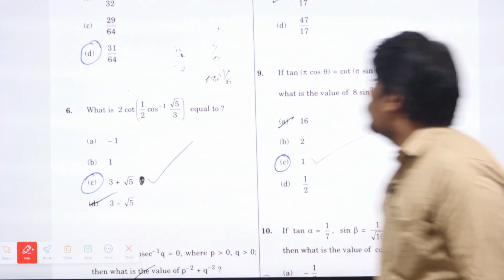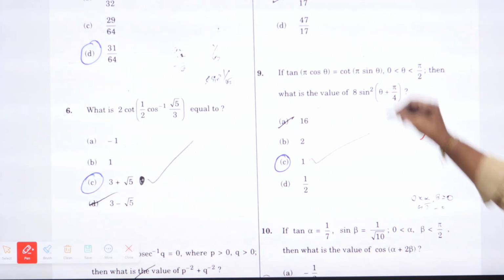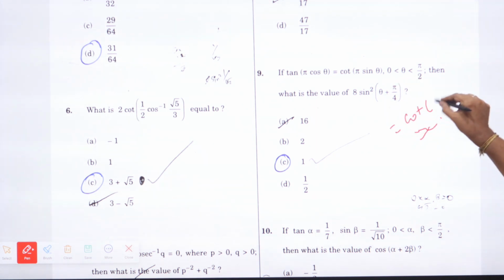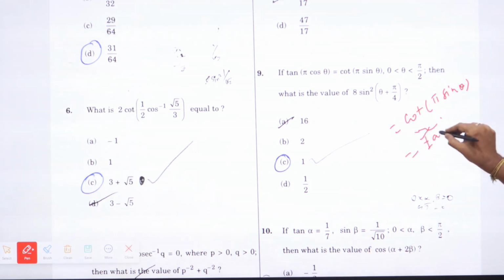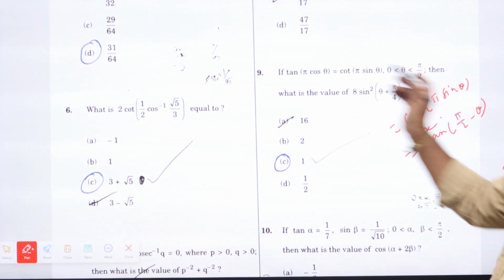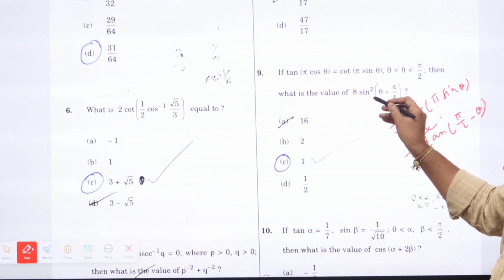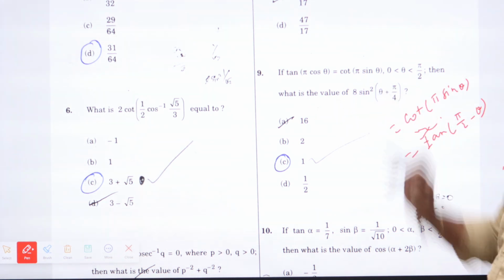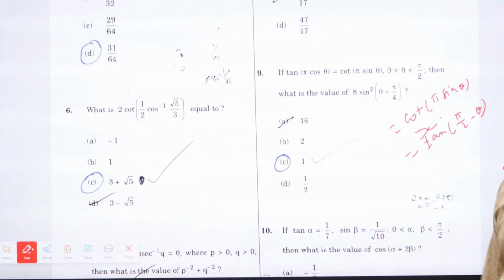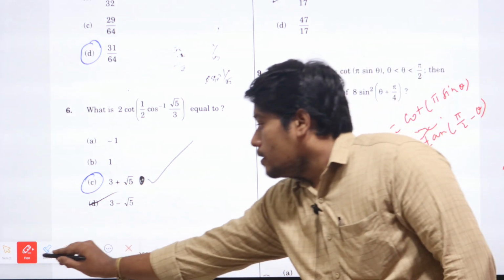From the RHS, cot of pi sin theta, the cot will be changed over to tan of pi by 2 minus theta. So using this we have to change tan in terms of tan. So we get 8 times sin square of theta plus pi by 4 will be the square of 4, which means the square of the number 4, we get 16. So 16 is the final answer.